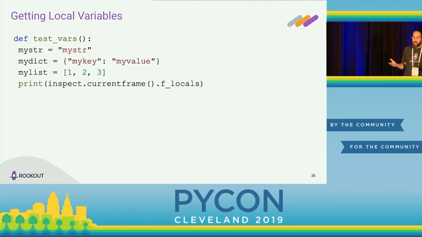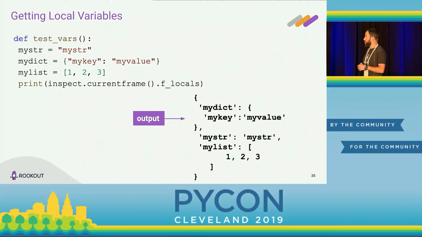So it turns out that behind the scenes, the local variables are stored in a dictionary, just a regular Python dictionary, and that's f_locals. So once we print it, we get a dictionary. Variable names are keys. Variable values are the values of the dictionary. So my dictionary, my string, and my list. Quite easy, unlike what I've shown you earlier.